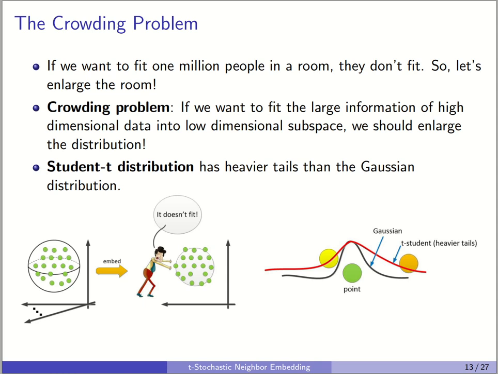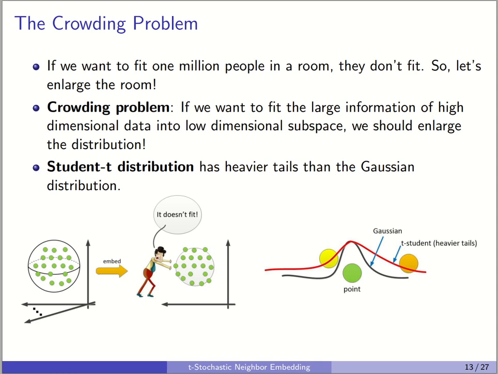What is the solution in order to be able to fit as many of these 1 million people as you can in this room? One way is to enlarge the room. The solution is simple. If the room becomes larger, then you can fit more people.